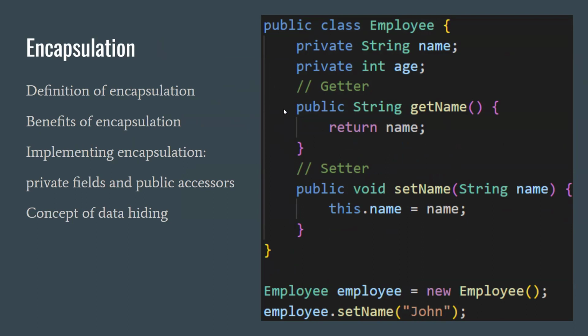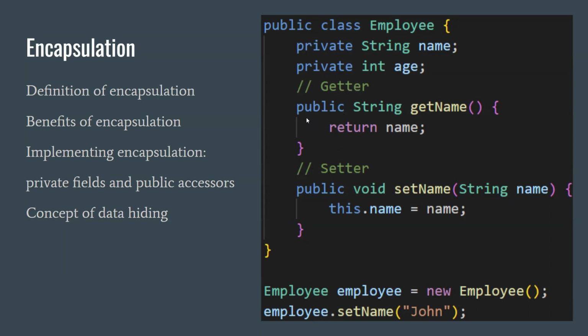Let's look at this simple encapsulation example. We have this employee class with two private fields, name and age. And these private fields cannot be accessed directly from outside the class.